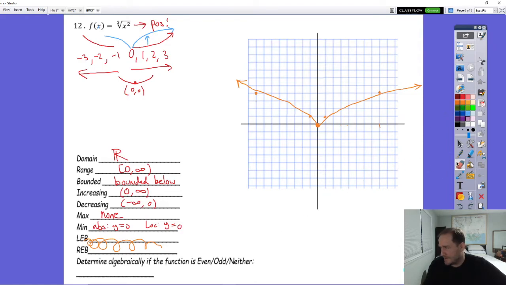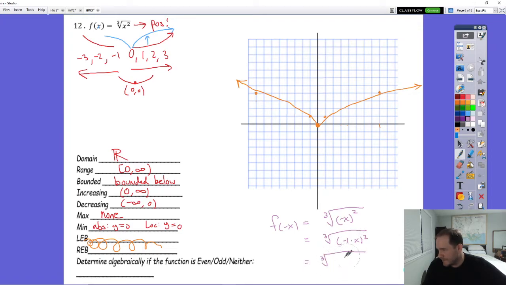We'll say, we gotta just do f of negative x like we always do. So this will be the cube root of negative x squared. So that's the cube root of negative 1 times x all squared.